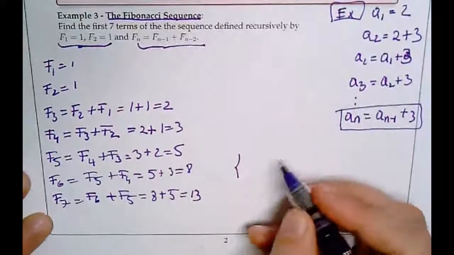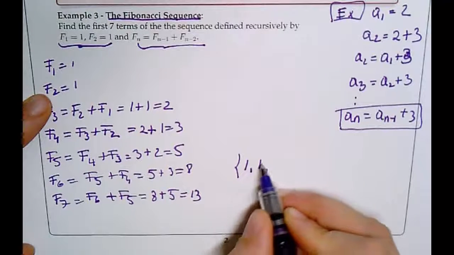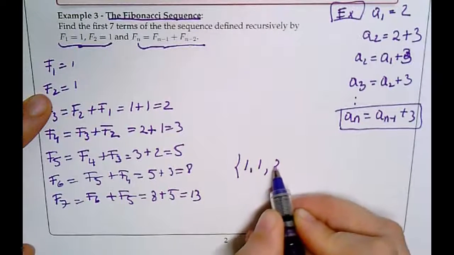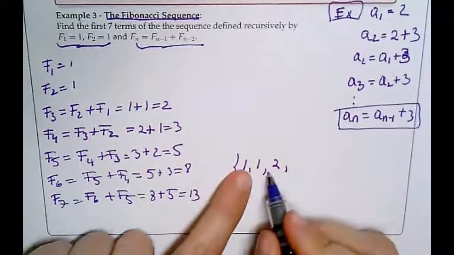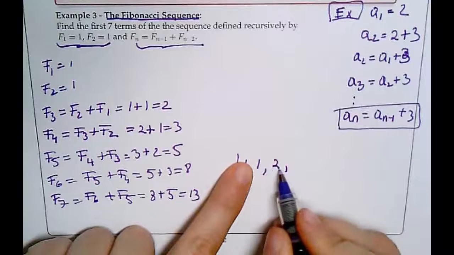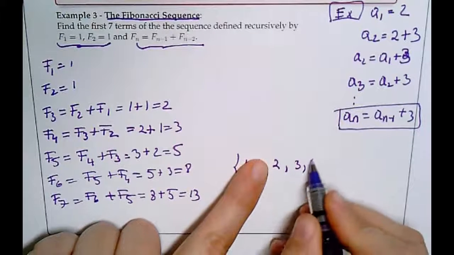So the Fibonacci sequence is the sequence where the first two terms are 1, and then the next term is this addition of the previous two terms. So it'll be 2, and then, well, I already have them in here, but you can always get them by looking at what's the next term. The next term is 1 plus 2, which is 3. The next term is 2 plus 3, which is 5.